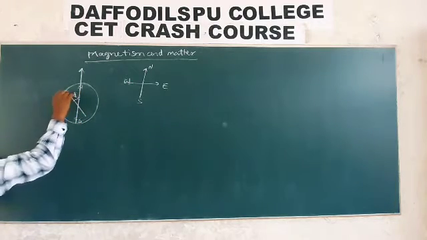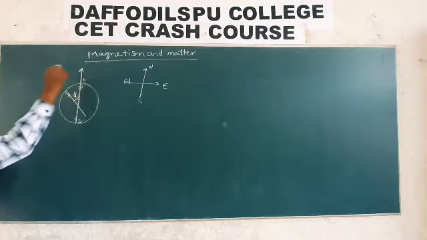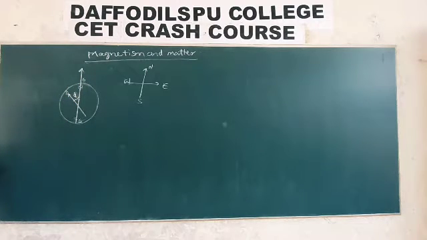This is true north, and this is B, the magnetic field of the earth. The angle between these two is the declination. Then what do you mean by the dip?